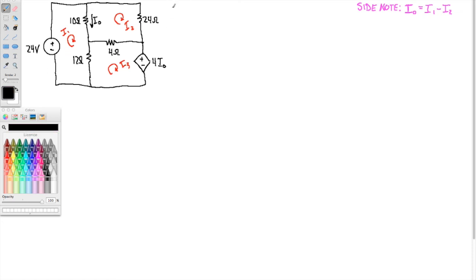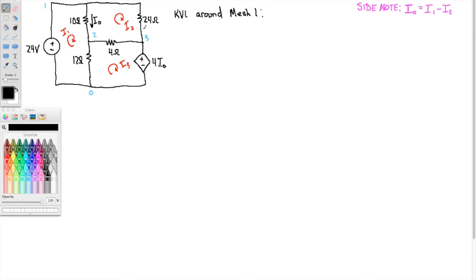Okay, so I'll label the nodes so I can reference them. There we go. All right, let's do KVL around mesh 1. I'll start at the top left and come this way.